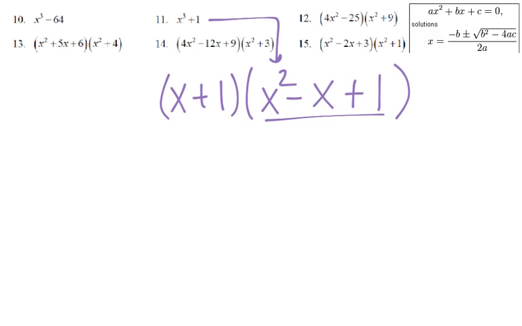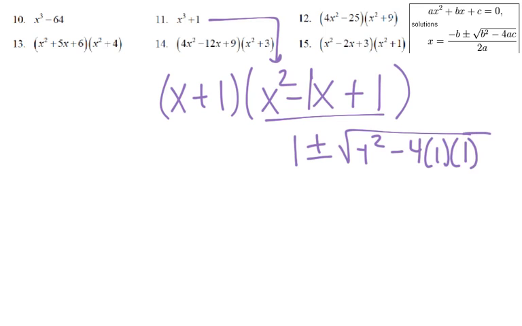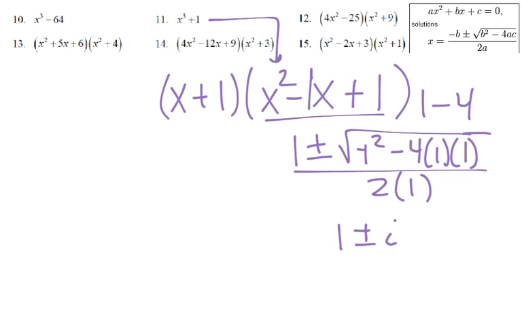So the opposite of b, that's like a 1, so positive 1, because negative 1 is positive 1, plus or minus the square root of 1 squared minus 4 times a times c over 2a. So I get 1 plus or minus the square root of 1 minus 4, which would be negative 3. So i root 3, because that negative we could pull out, that's the only thing we could, over 2. So those are our two factors.